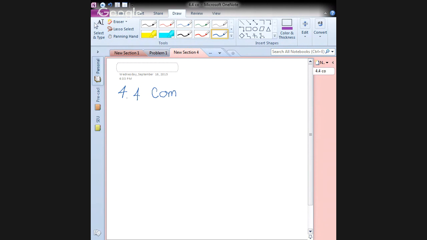So I'm going to start with probably what I think is the trickiest one when we're simplifying complex numbers. It's like a division problem. So let me pull one from the section. We'll go ahead and do a division problem because those tend to be the longest ones.